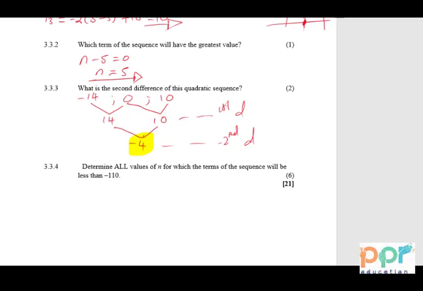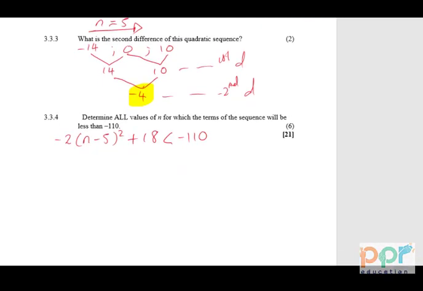Taking the formula we were given, minus 2 into n minus 5 all squared plus 18 must be less than negative 110. Then we are solving for n in this case. Now we transpose this to the right hand side and expand the bracket. If I expand this, I will have minus 2 into n squared minus 10n plus 25.